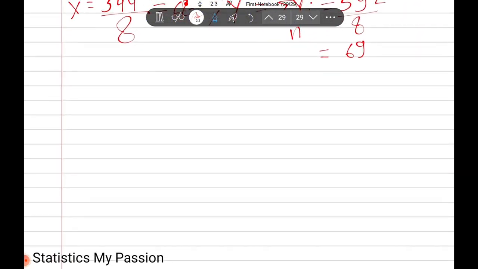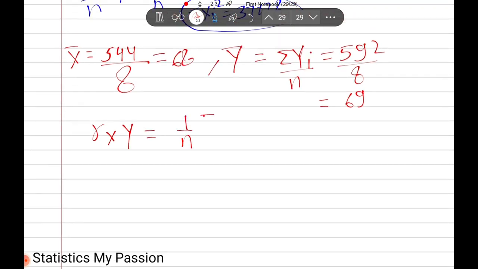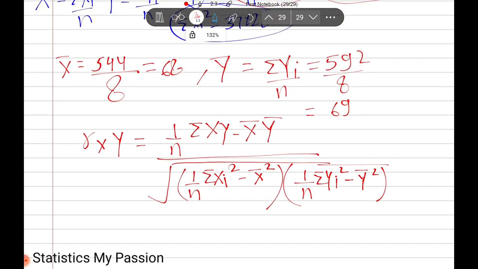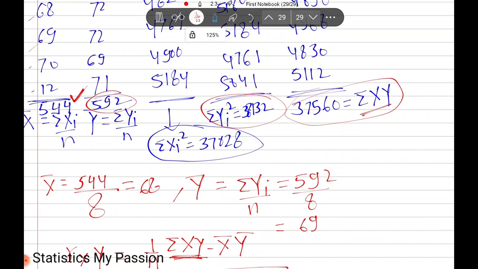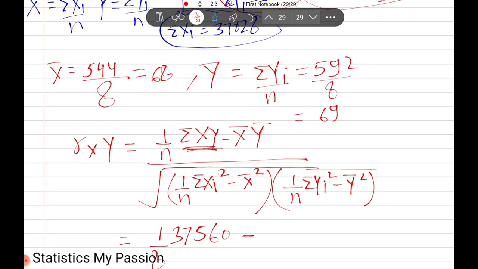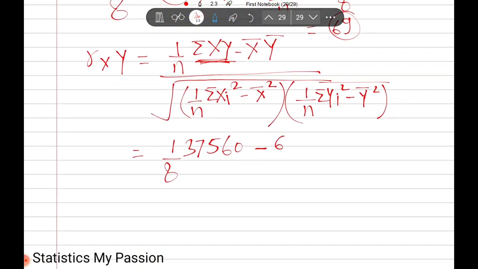Now the last step is putting the values in the formula. The formula is 1 by n sigma xy minus x bar y bar, upon the root of 1 by n sigma xi square minus x bar square, and 1 by n sigma yi square minus y bar square. Now the value of sigma xy is 37560 and n is equal to 8, so 1 by 8 times 37560 minus x bar y bar, where x bar is 68 and y bar is 69.